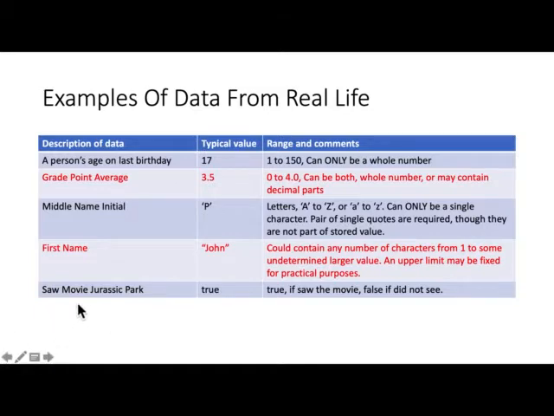If I ask the question, I saw the movie Jurassic Park, it'll be true if I saw the movie, false if I did not. That's the data type state that we were talking about. State could be true or false. So these are data from real life we are looking at.